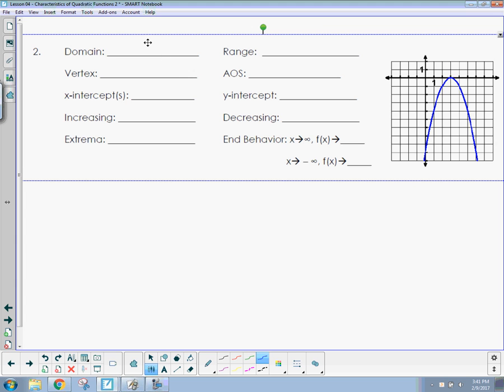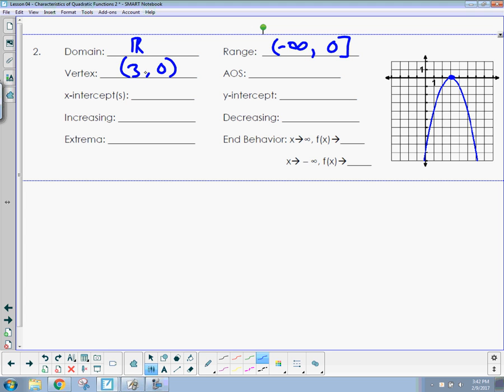Again, I'm not even looking at the graph. The domain will be all real numbers again. Range, bottom to the top. That's -infinity to 0. Our vertex is going to be 1, 2, 3, so (3, 0).